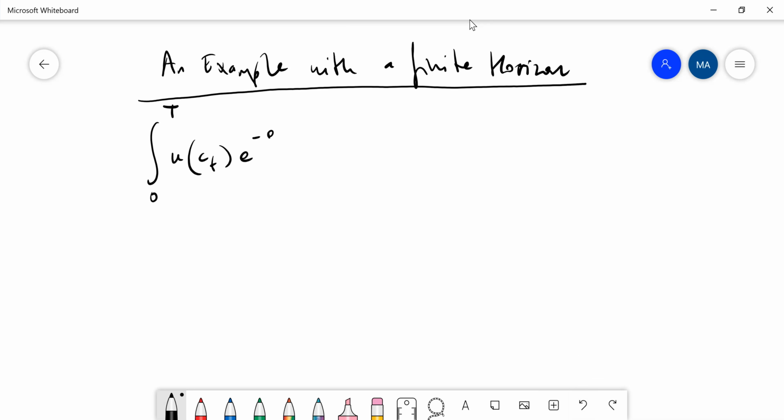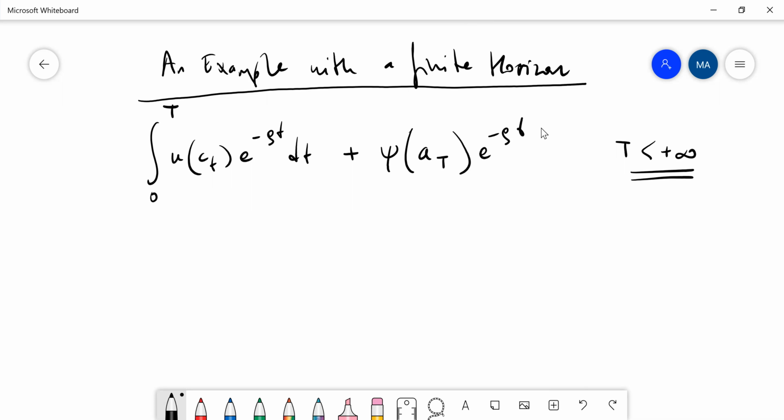All right. So this is typical utility stream from consumption, but again, t is less than positive infinity. All right, that's important. The problem is one of finite horizon, and that particular decision maker will benefit from leaving some bequest to her offspring, to her kid.